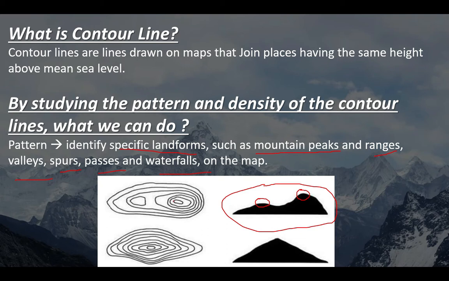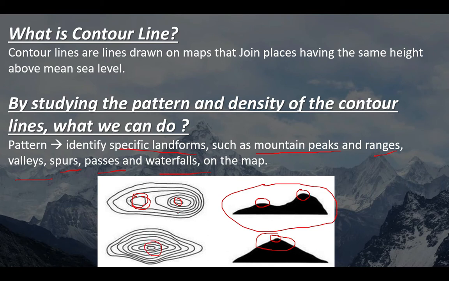The contour lines of this picture we can represent as one concentric circle, and this is another concentric circle, one for the first peak and the second for the second peak. In the next picture, this mountain has only one peak, that is only one top. So here also we have only one concentric circle.